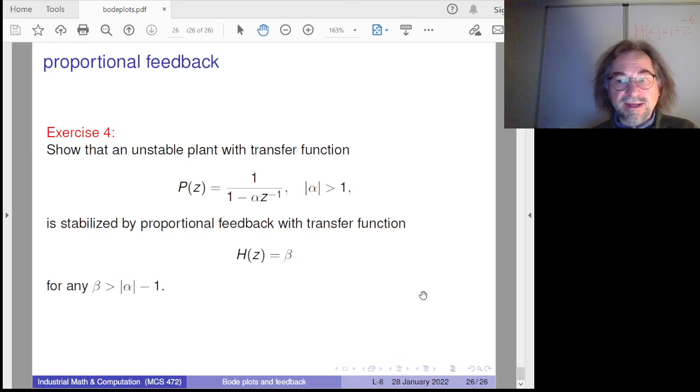Okay, so that is the essence of this lecture. What I intended to do in this lecture is to illustrate the main theorem of filter design that we proved last time.